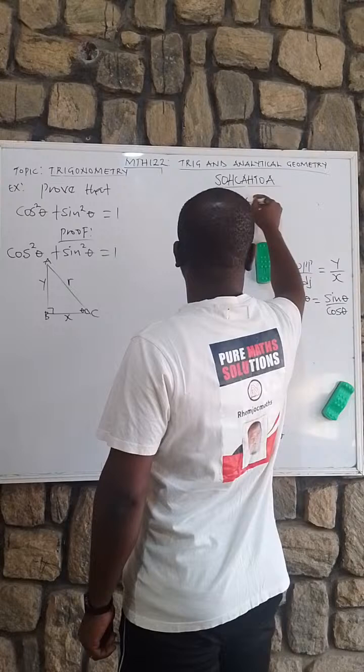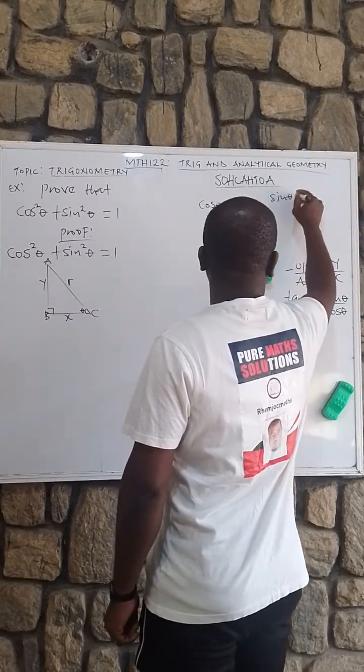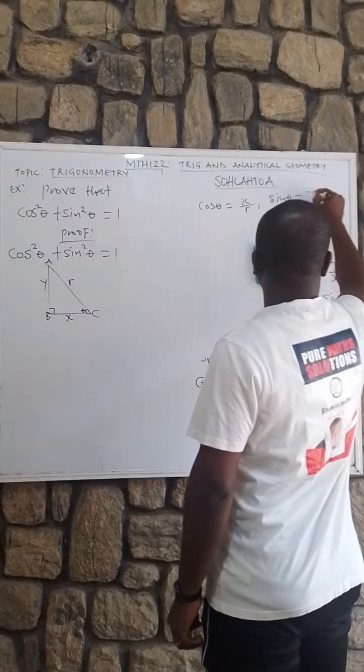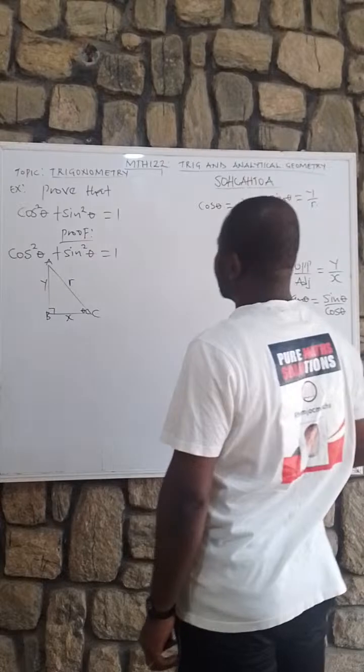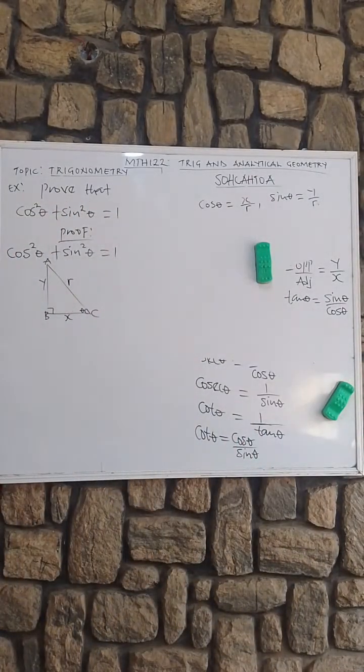Adjacent is x all over r. Then sin theta is equal to opposite, that is y all over r. As you can see now, you don't need a prophet to tell you.